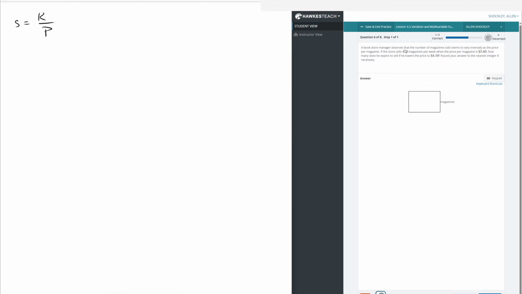So if the store sells 410 magazines at a price of $5.60, how many does he expect to sell if he lowers the price to $4.10?